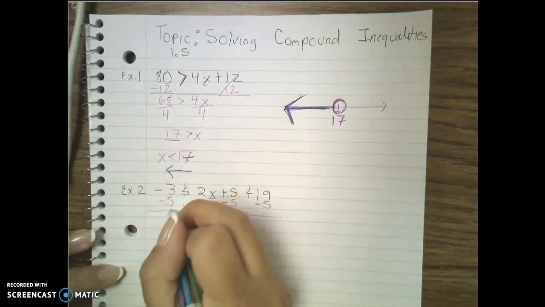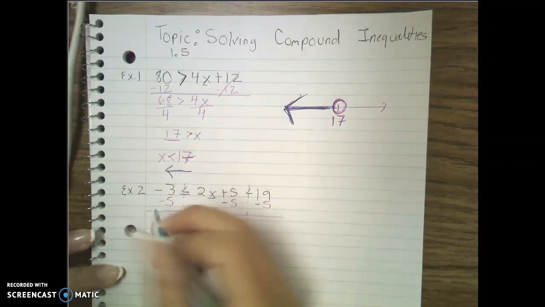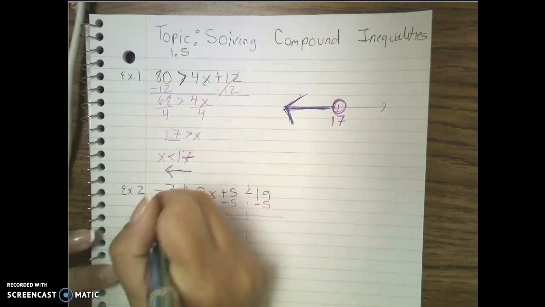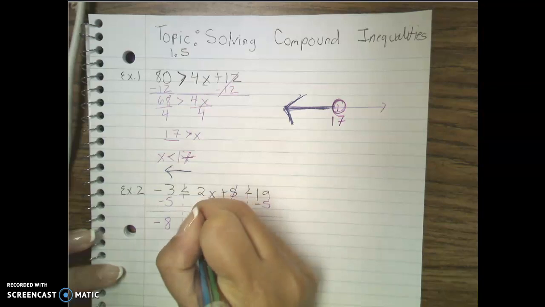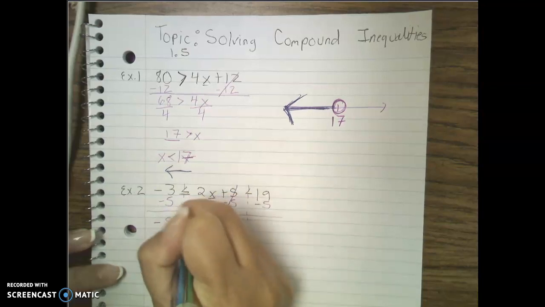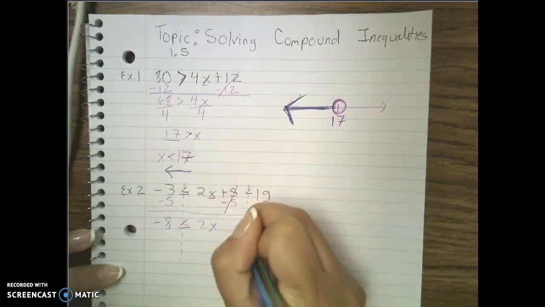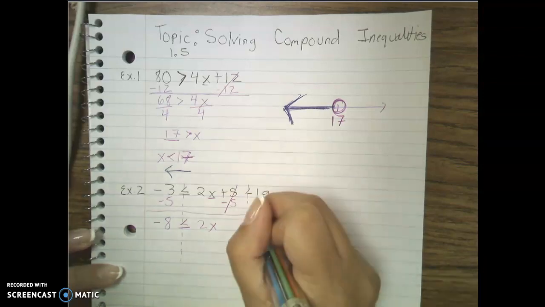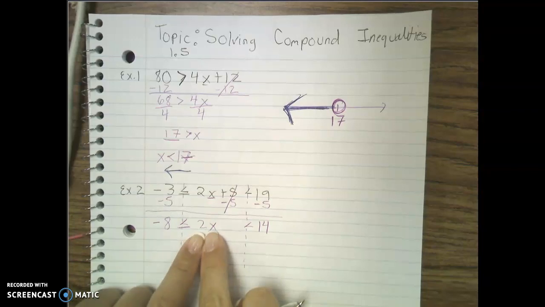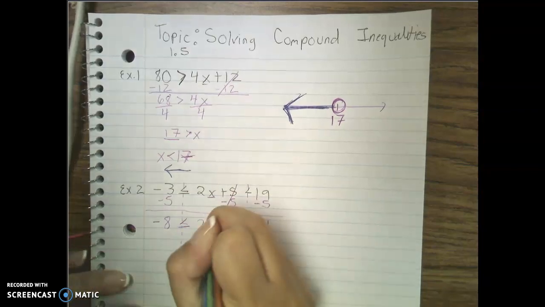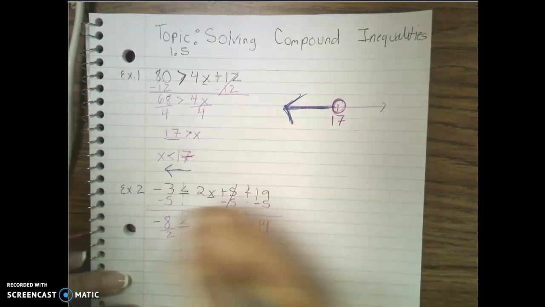Negative 3 minus 5. Both of these are negative numbers, so I can combine them and keep the sign. 5 minus 5 is 0. I don't need to write that. 2x. Don't forget my inequality sign. And then 19 minus 5 is 14. Okay, last thing. X is almost by itself. Divide everything by 2.